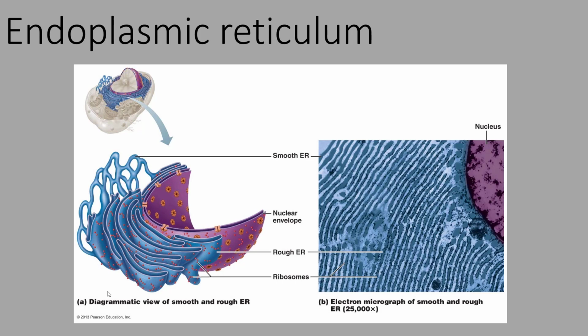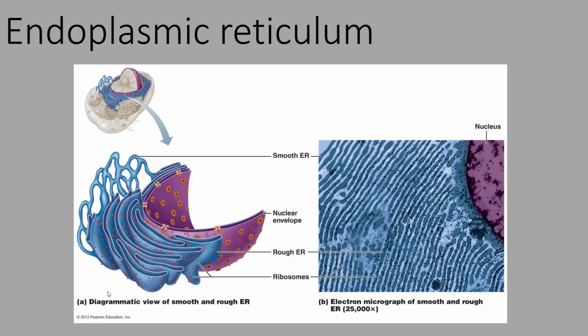And their job, regardless if they are stuck to the endoplasmic reticulum or floating around free in the cytoplasm, because we will find them both ways, their job is to read RNA, ribonucleic acid, and based on what it reads, it makes proteins. So the function of a ribosome is to make protein. Doesn't matter if it's stuck to the rough ER or if it's floating around loose in the cell. Ribosomes make protein by reading RNA.